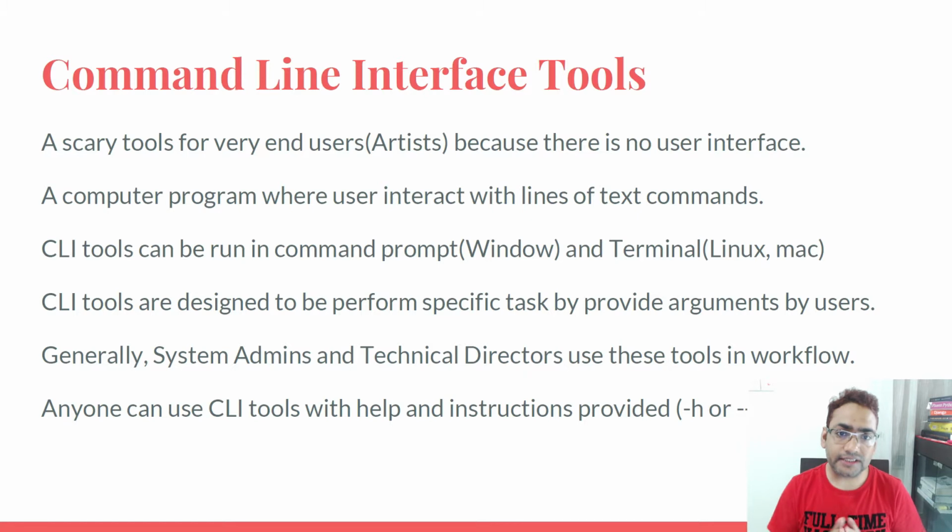Whenever you want to run command line tools, some of them just execute straightforwardly and give you a result. For example, ipconfig. ipconfig is a command inside Windows. When you execute it, you don't need to provide any command line argument, and it will straightaway give you the IP addresses.